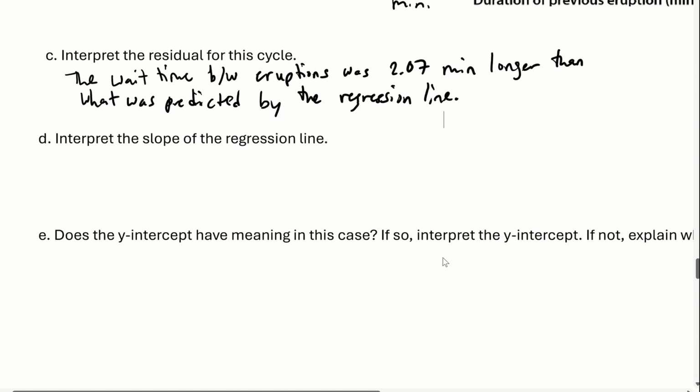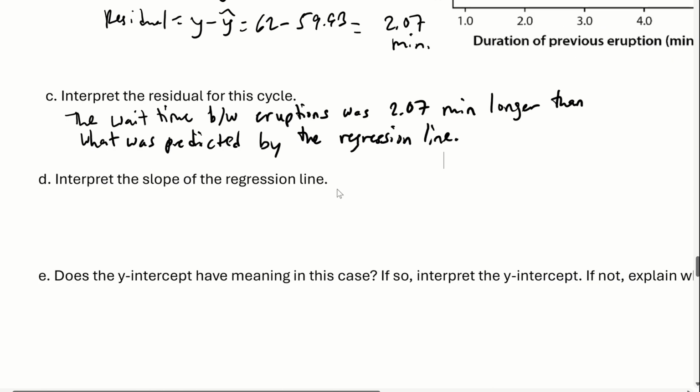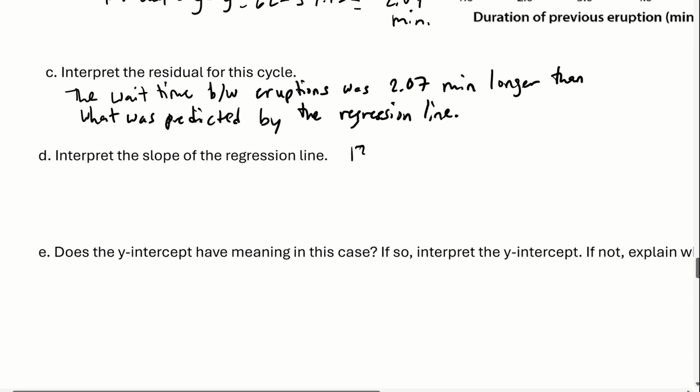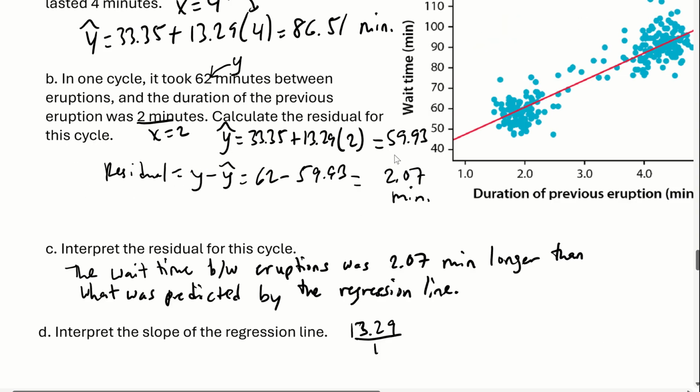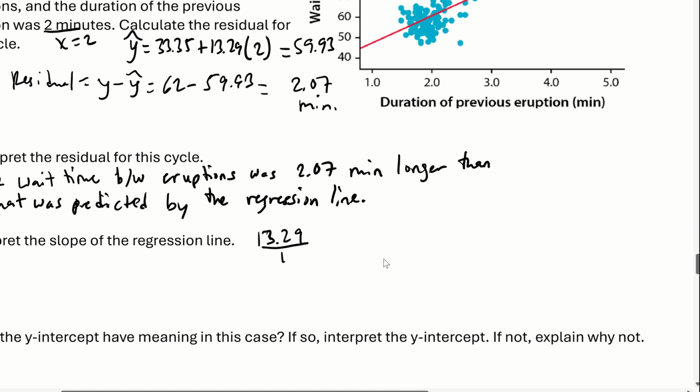Okay. Interpret the slope. So let's go back to the slope. The slope was 13.29. What are the units of y? The units of y are wait time in minutes. The units of x are the duration. So 13.29 minutes of wait for every 1 minute of duration of eruption.